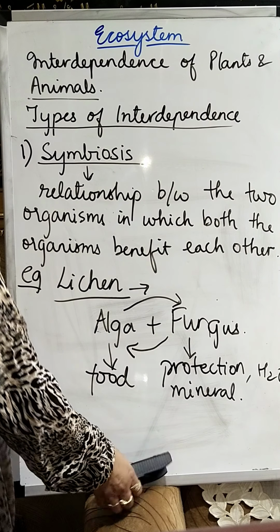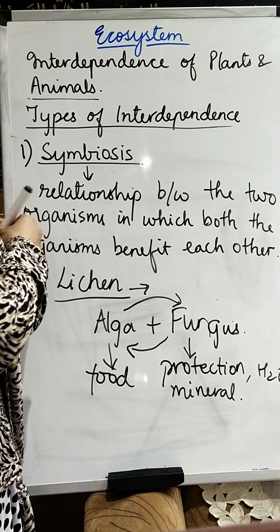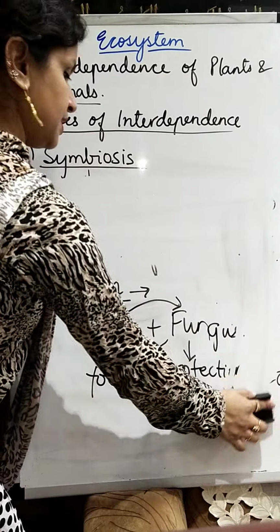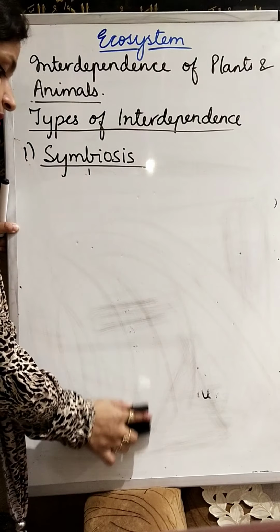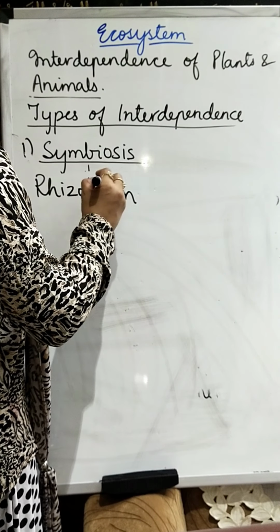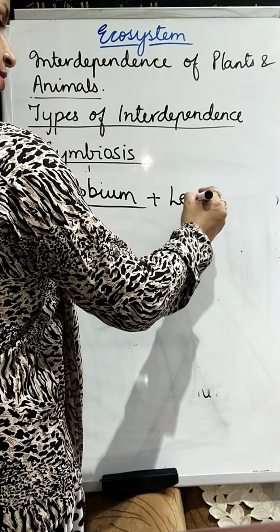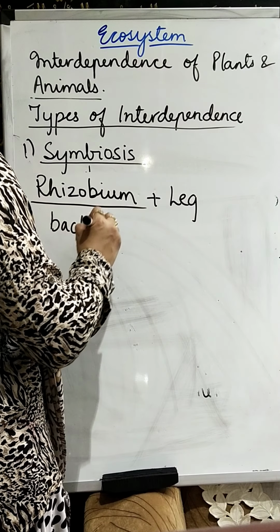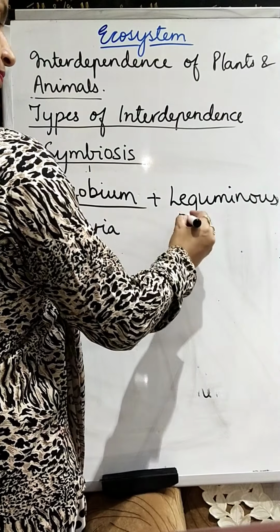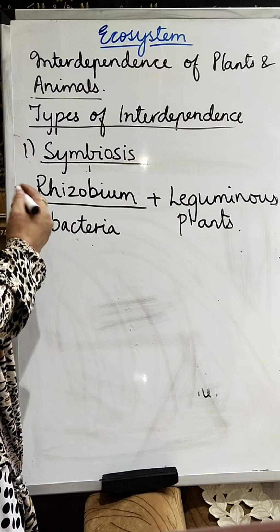The next example we can take is the association of rhizobium, a bacteria, with leguminous plants.